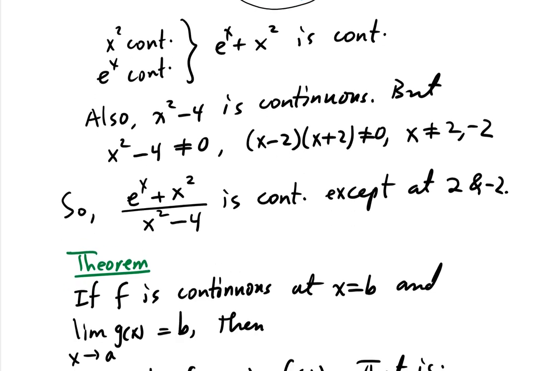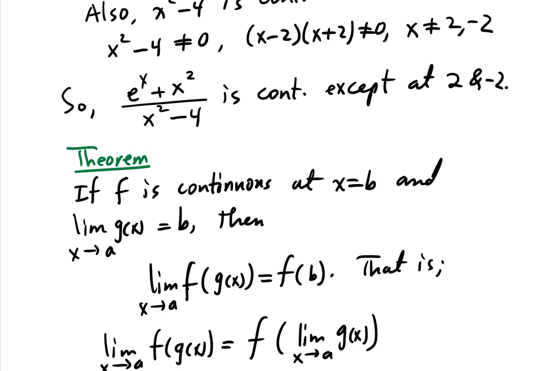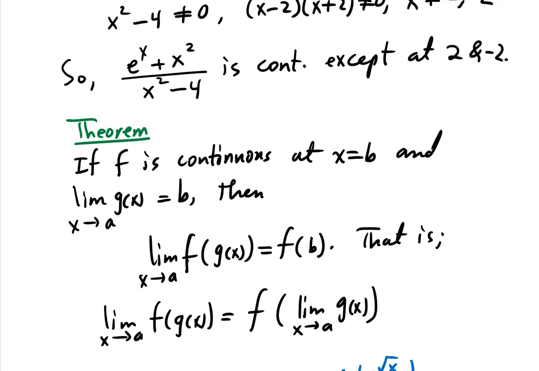We got a theorem here about composite functions. So we have, if f is a continuous function at x equals b, any real number b, and the limit of g of x as x approaches a is b, then the limit of the composite function f of g of x is really f of b as x approaches a. In other words, you can pass the limit inside.